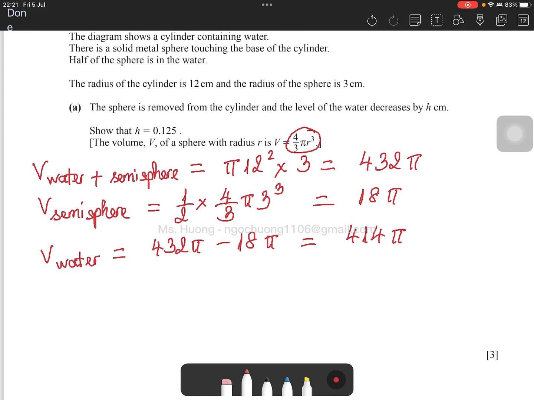And you know that the volume of the water in the cylinder is also equal to pi r squared times the height of water, right? The radius is 12 squared times the height of water is equal to 414 pi.